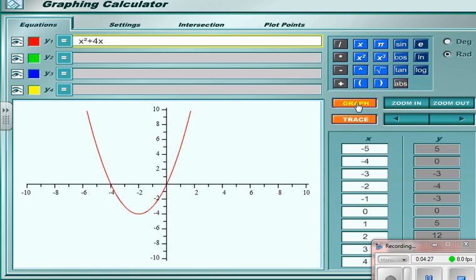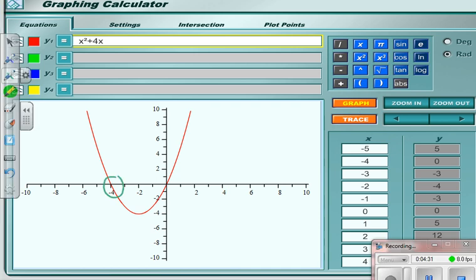You will see it clearly crosses at negative 4 and 0. And so that is how our algebraic solutions and the graphing solutions are actually giving us the exact same answers.